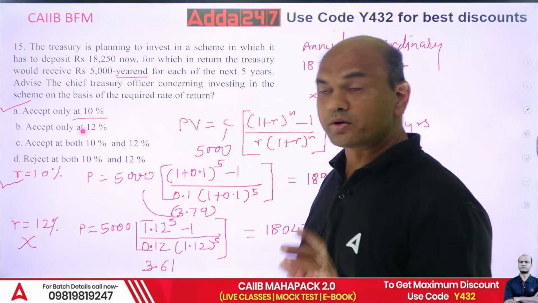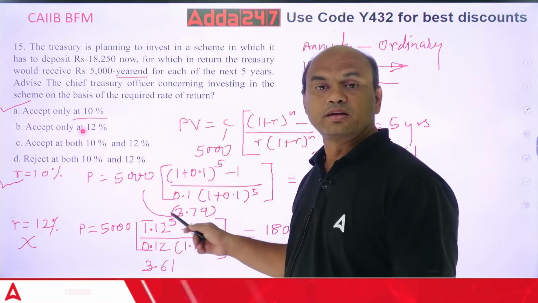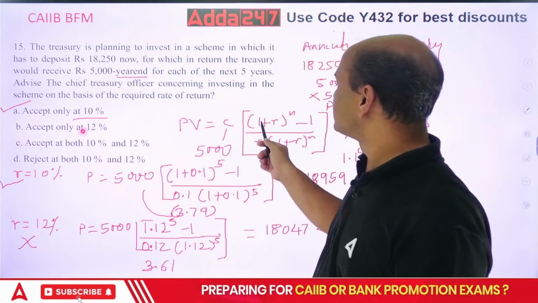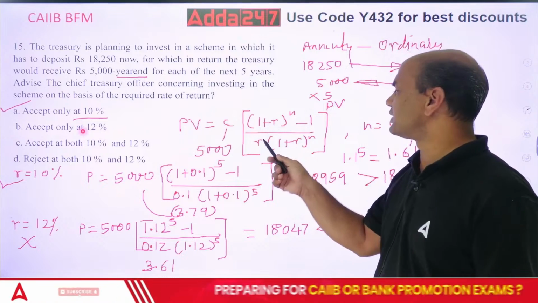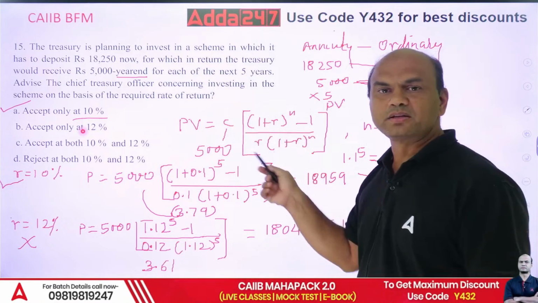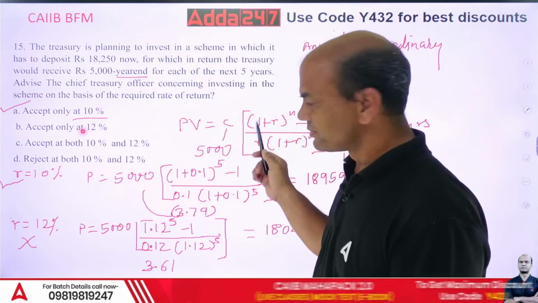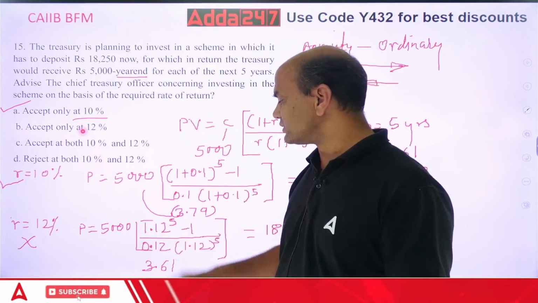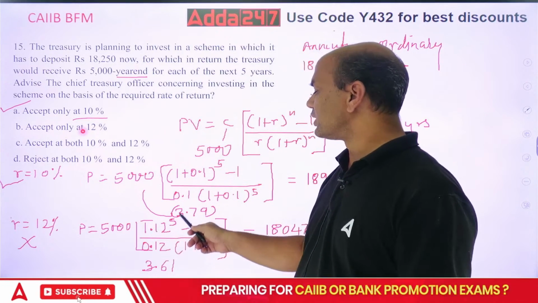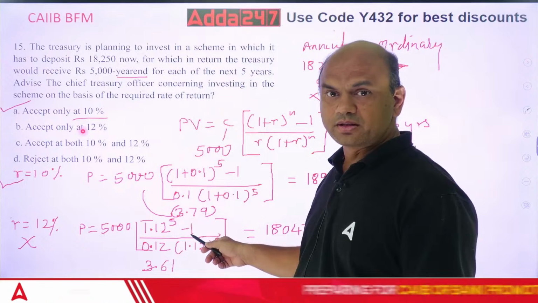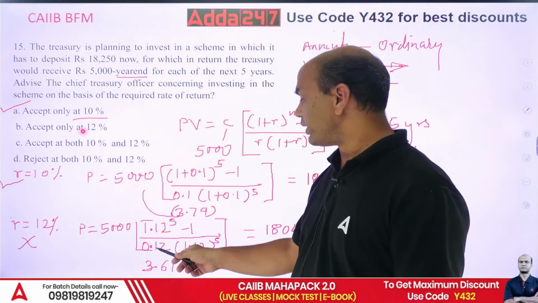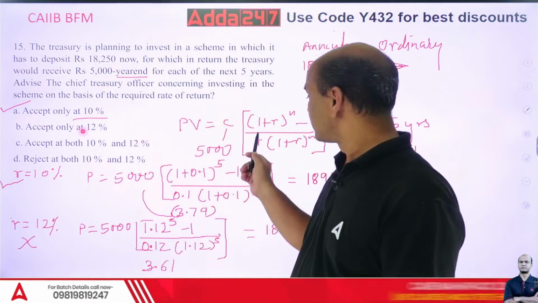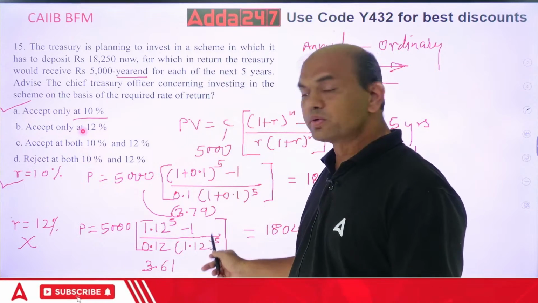Everyone, have you understood this? It is the same formula: (1+R)^n minus 1 upon R into (1+R)^n. So 5000 into 1.12 raised to 5 minus 1 upon 0.12 into 1.12 raised to 5.